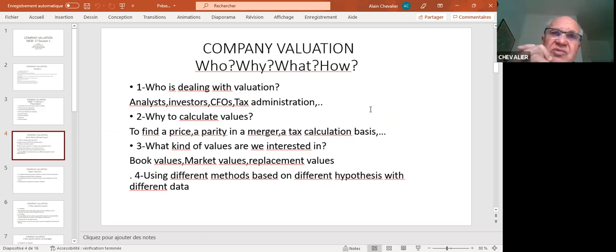Replacement values are also interesting when you have a look at undervalued companies. Have a look at the airlines today. A large percentage of the airlines are undervalued because of the pandemic.